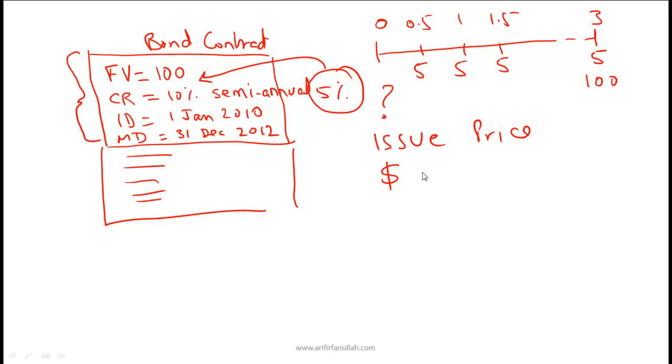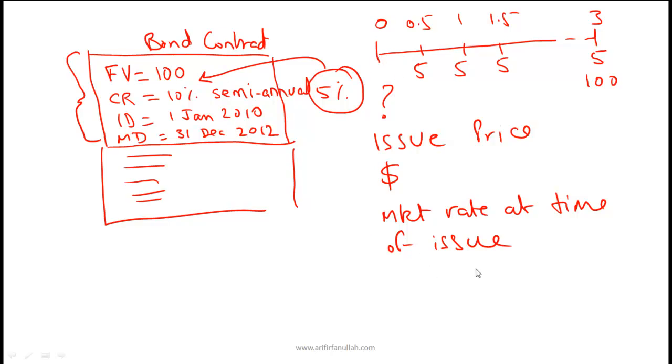That is determined based on the market rate at the time of issue. At the time of issue, investors determine what is a suitable interest rate that they expect or require from this company.